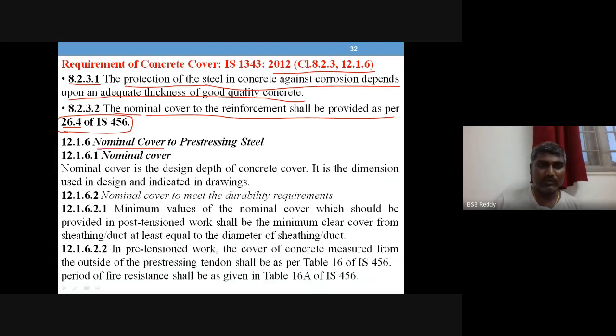And coming to clause 12.1.6, what does it say? So what is a nominal cover? It is the design depth of the concrete cover. It is the dimension used in design and indicated in drawings. Okay, so that is what nominal cover is. And there are two requirements here. One is a durability requirement, and another one is a fire resistance requirement.